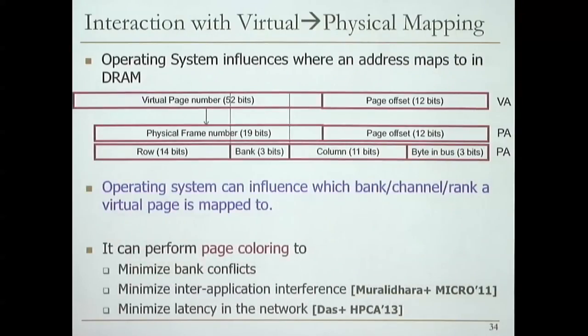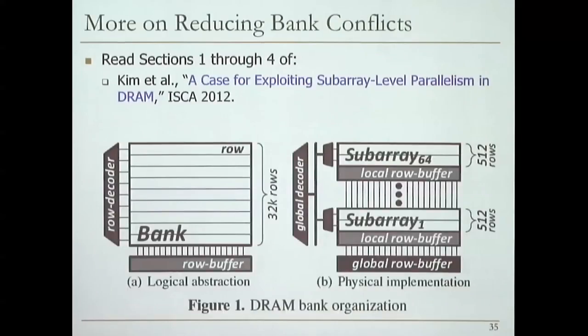OK, so there's a lot to be done on bank conflicts, and there's more on this. I'm not going to cover this. In fact, as I mentioned to you earlier, even a bank is not a full physical thing. The bank is actually divided into smaller subarrays internally to minimize latency. We will see that later on today. Just because the bit line that's spanning all these 32,000 rows in this case is just too long.